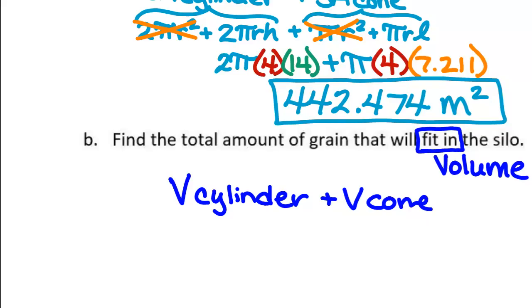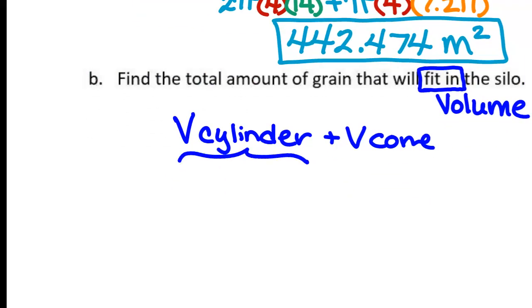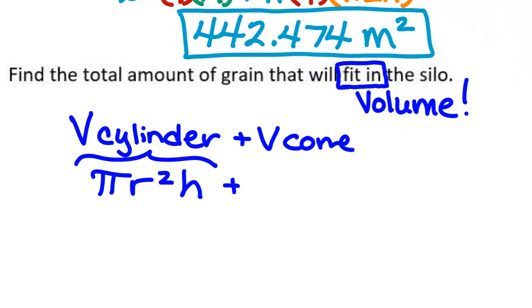How do we find volume for the cylinder? Pi r squared times height. Plus, what about volume for the cone?